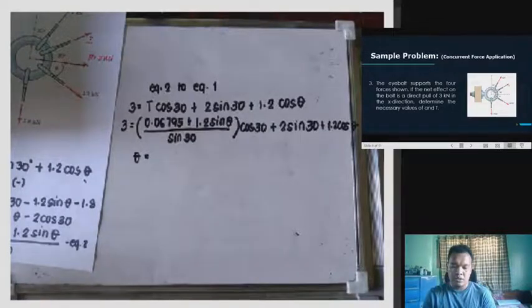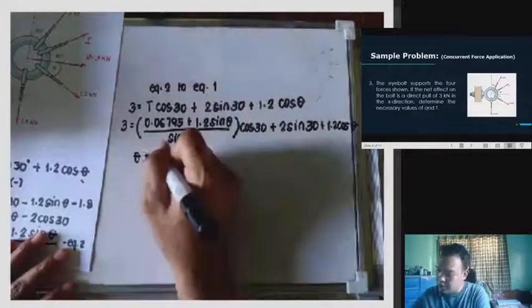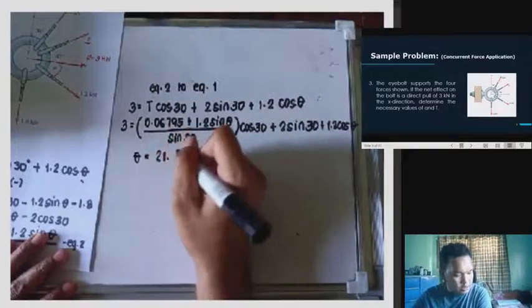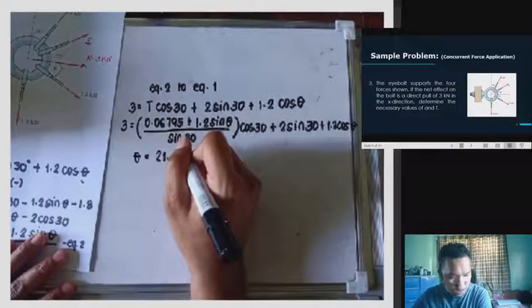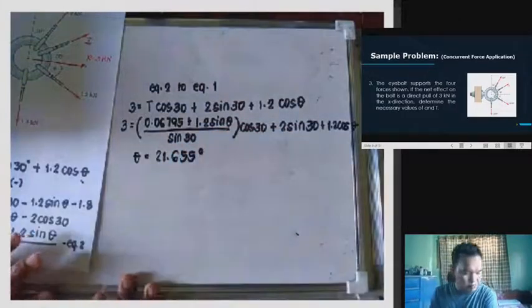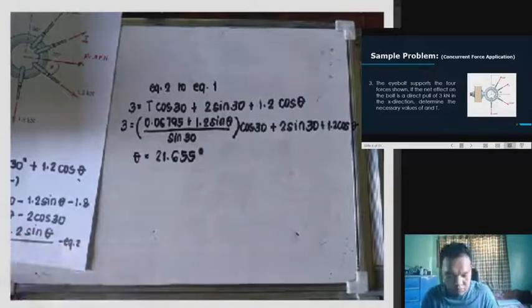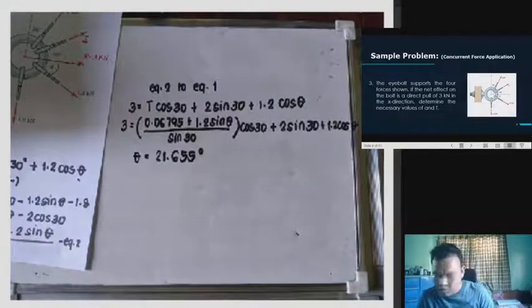So we have here the value of theta, which is equivalent to 21.655 degrees.